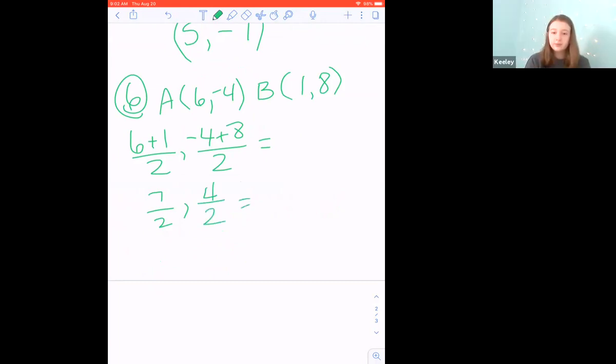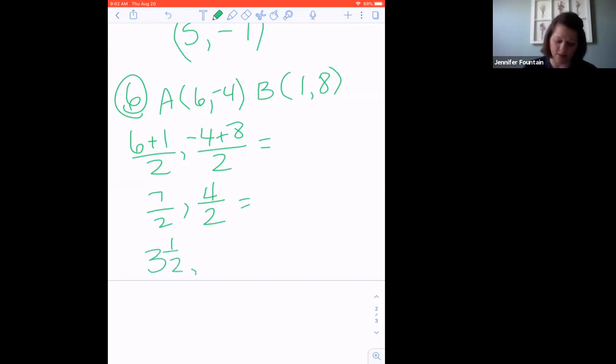If you wanted to leave 7 over 2 as an improper fraction, you can do that, or you can write it as a mixed number, 3 1/2. So (3 1/2, 2) would be our midpoint. How's everybody with that? We had to find the midpoint of the endpoints.